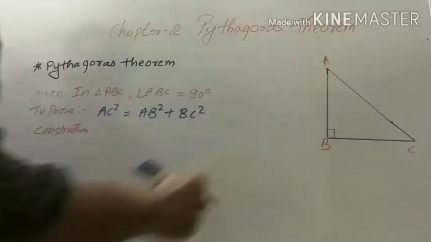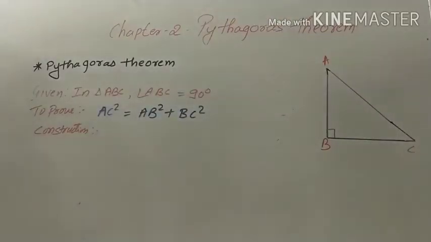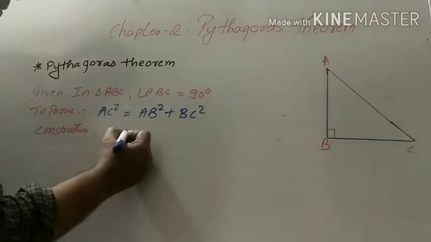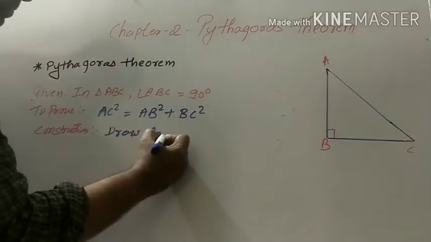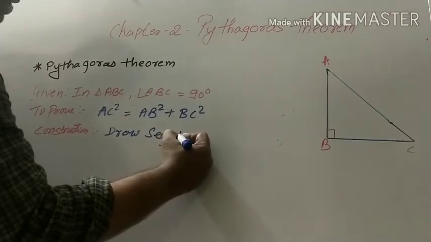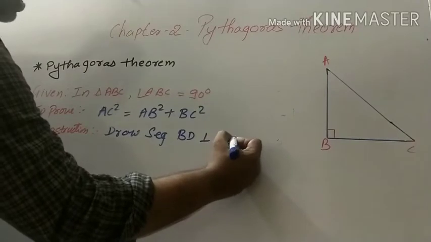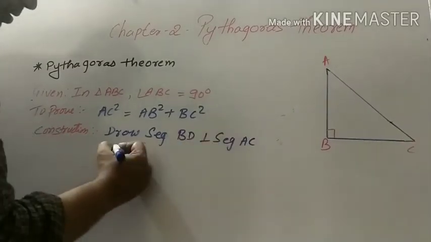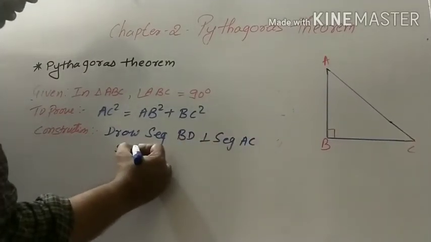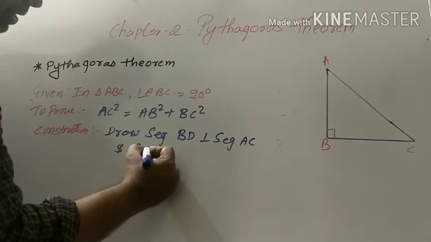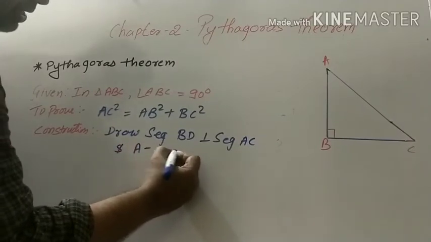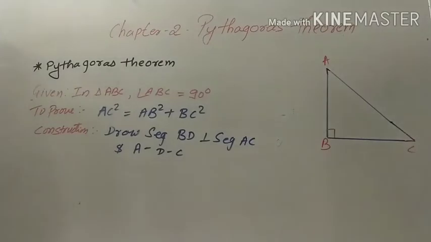AC square is equal to AB square plus BC square. Now we construct: draw segment BD perpendicular to segment AC, and ADC is collinear.